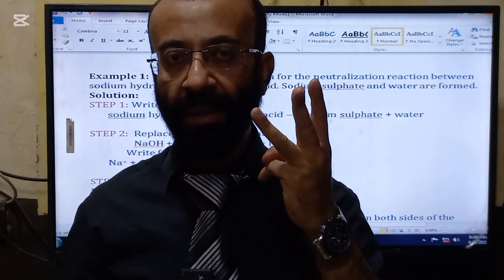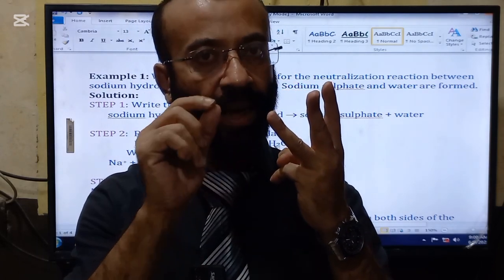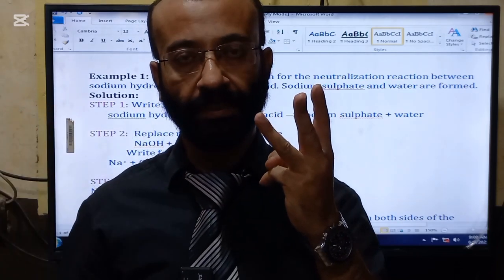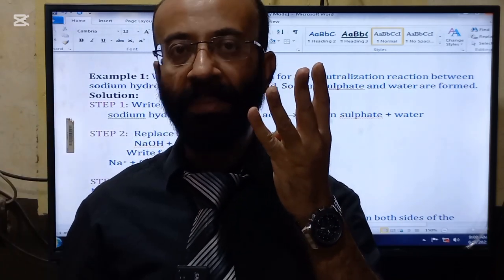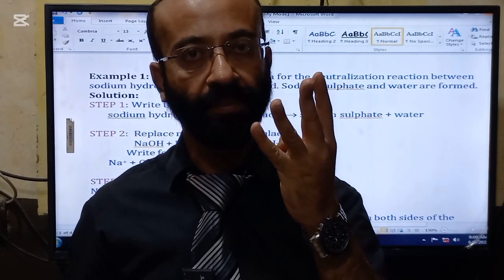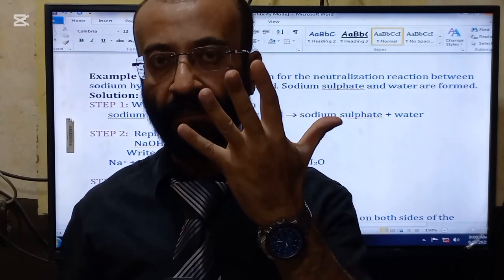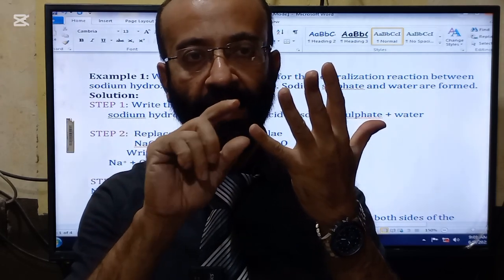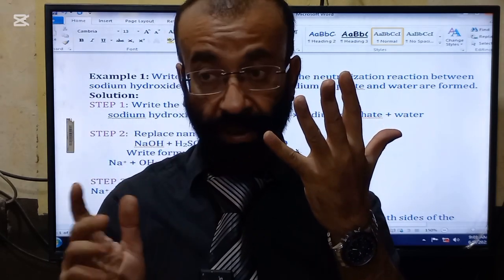Third step will be write the ions formed in the formulas. Fourth step will be omit the spectator ions. Fifth step will be balance the number of the atoms of each element on both sides of the equation.